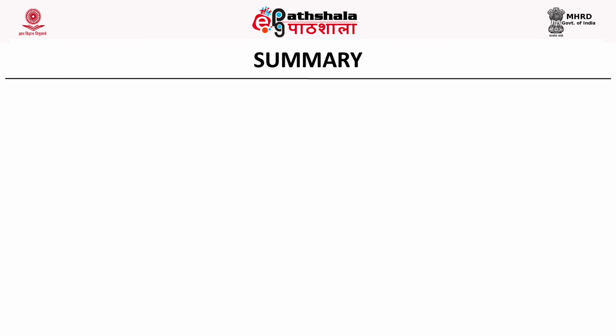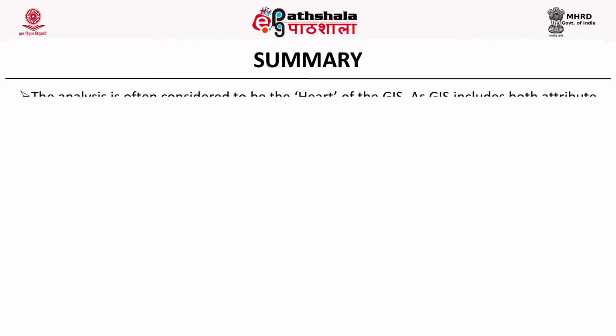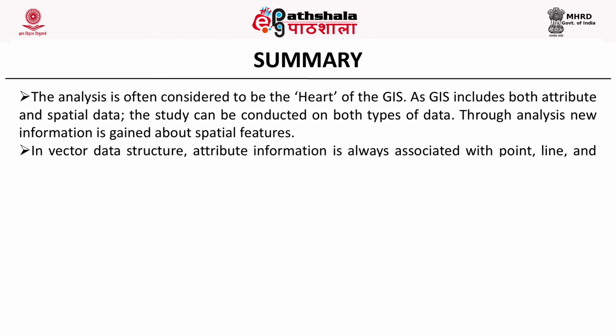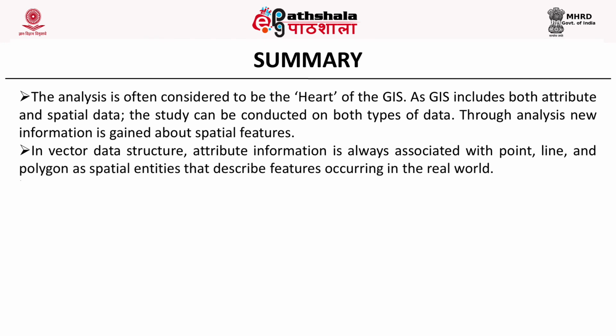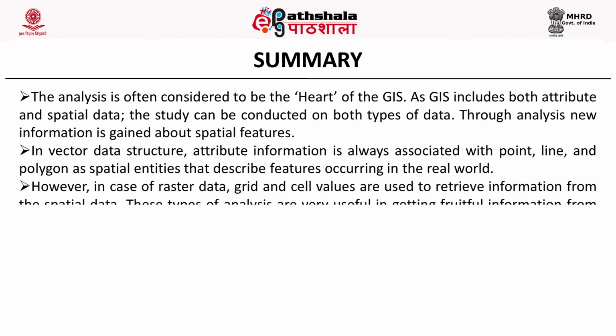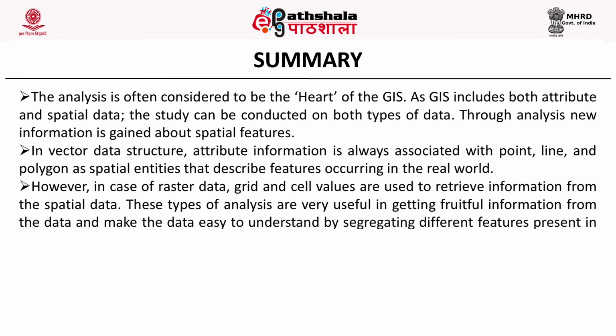As GIS includes both attribute and spatial data, the study can be conducted on both the data types. Thorough analysis of these data models reveals new information about the spatial features. In vector data structure, attribute information is always associated with point, line, and polygon as spatial entities that describe features occurring in the real world.